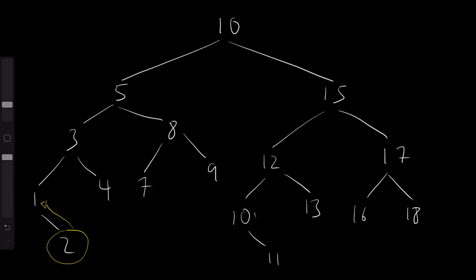You stop the moment you go to the right, and then this is your in-order successor. Let's do another example, number 4. You have no right children, so you have to go up. You go up once, and you realize it's on the left side, so that doesn't work. Then you go up again, and finally you go on the right side. So you know that this one is your successor.